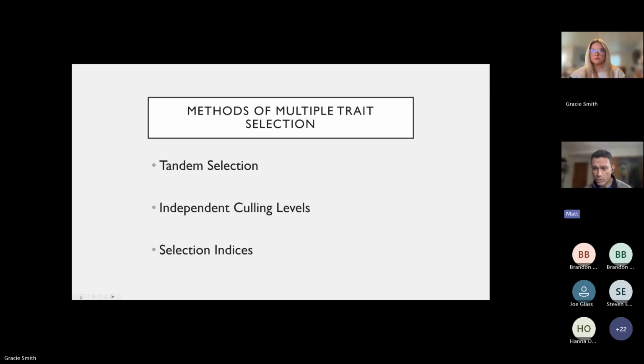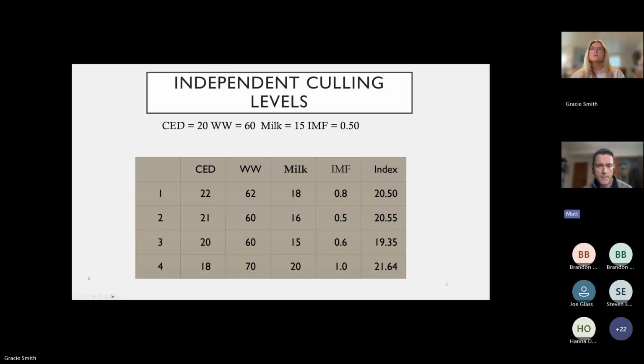The next two I'm going to go through in more detail, independent culling levels and selection indices. And I have an example of an independent culling level on the next slide. So if we go to the example on the next slide, you'll see just kind of a 4 animal example here.